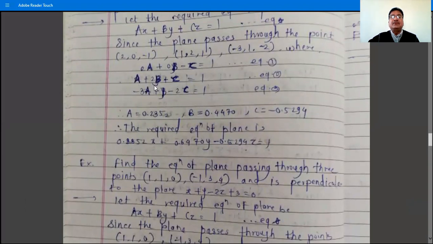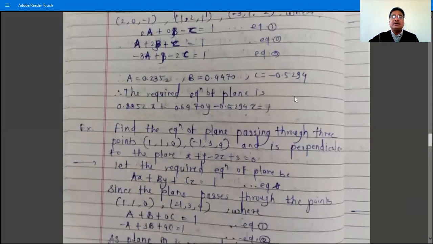There are three equations and three unknowns: capital A, capital B, capital C. So use the Gauss elimination method. Form the augmented matrix, transform it to echelon form, and then find the values of A, B, C. These are the values of A, B, C.